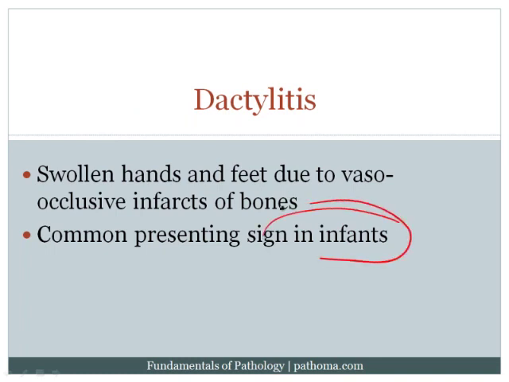Examiners like to show you pictures of swollen fingers and hands of usually an African American infant, and then a classic vignette of sickle cell anemia, and then you'll have to recognize that the patient has sickle cell anemia or identify some derivative principle about sickle cell anemia. So dactylitis is very high yield to be familiar with. Again, classically seen in a 6-month-old infant as it is a common presenting sign of sickle cell anemia.